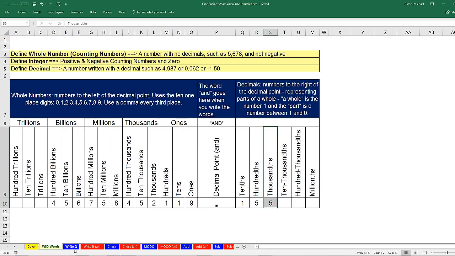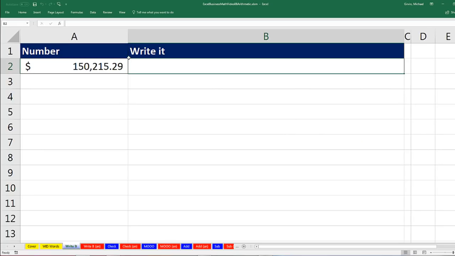Now let's go over to the sheet Write It. Now here's our number, and we want to write it. Now if we're looking at this number, this is 150,215 and 29 cents. So I'm going to start by writing 150,000, then a comma and a space.